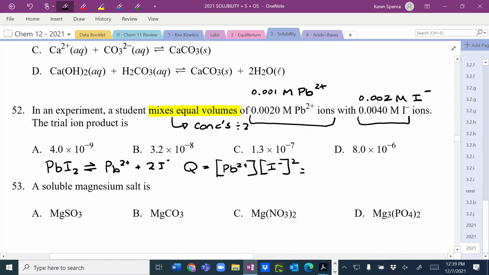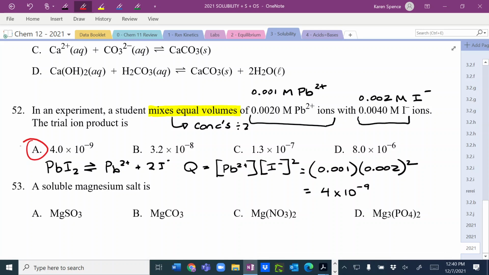So now when we plug those in, 0.001 times 0.002 squared, we get 4 times 10 to the negative 9. And I think if you do it wrong, you get C, maybe. Anyway, I did it wrong this morning and I got the wrong answer.